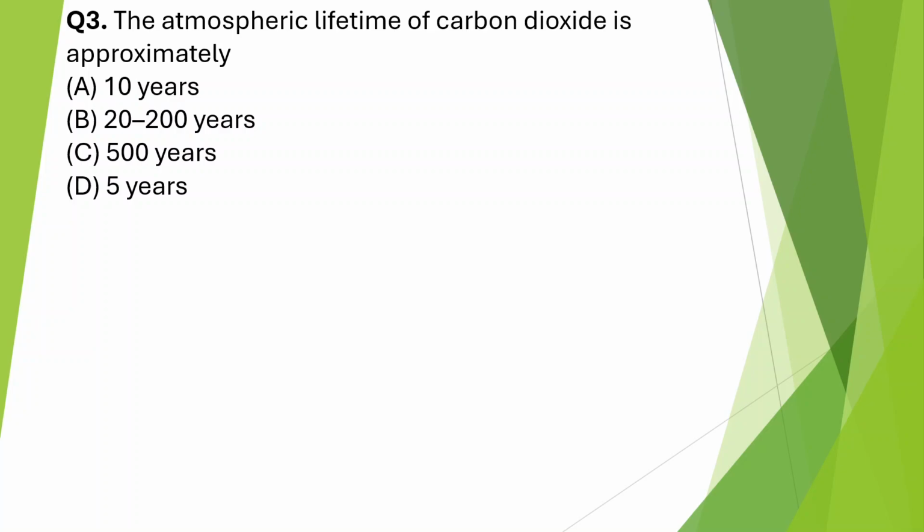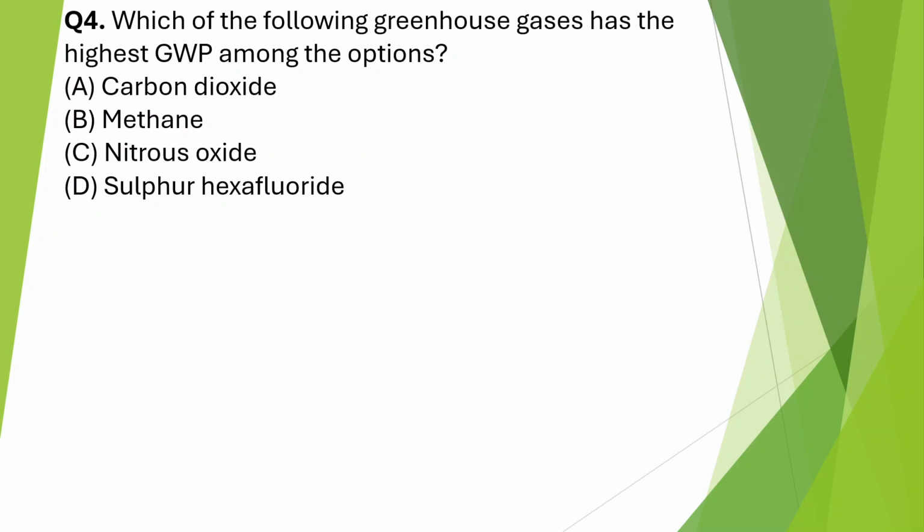And all of you know very well that this CO2 remains in the atmosphere for decades to centuries, contributing to long term warming. That was explained to you in detail during the week wise lecture series. And for this particular question, that's why option B comes out to be the most appropriate answer. So with this, let us move to the fourth question.